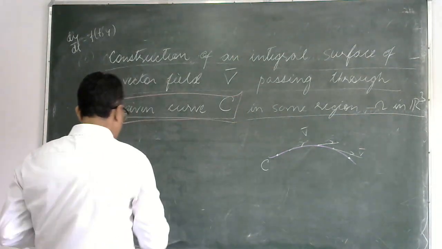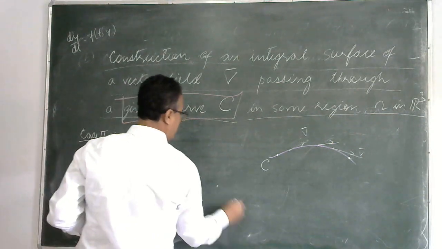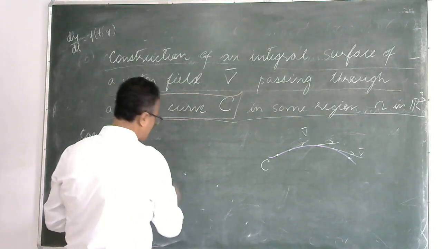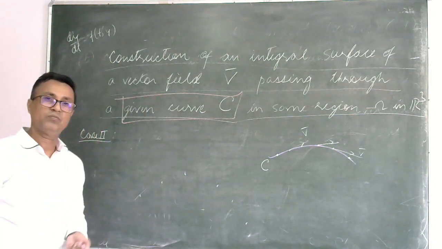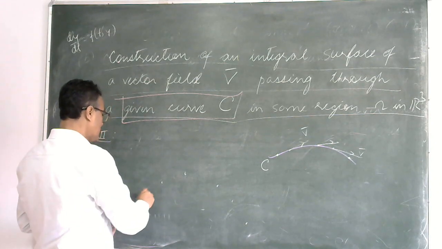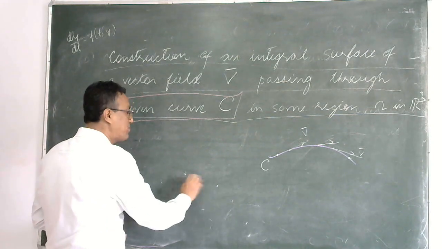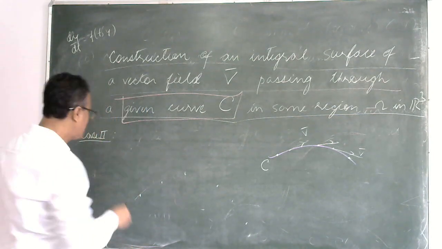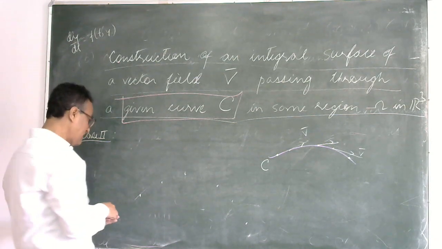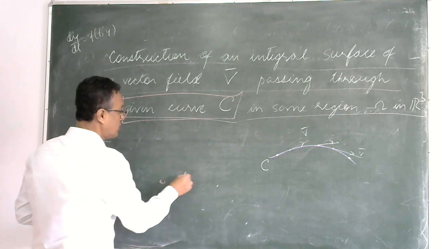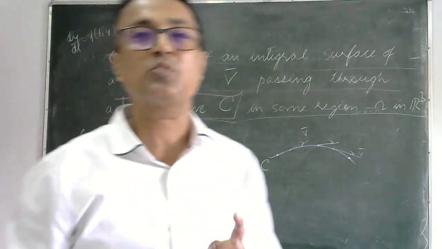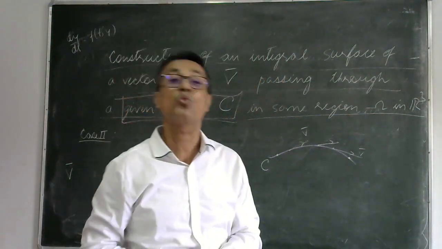Suppose I am taking a set of points, and by joining those points I can draw a curve. Suppose those points have been derived from an integral curve corresponding to V. Now suppose through each of these points I am trying to create an integral curve corresponding to V. What is going to happen to those curves?